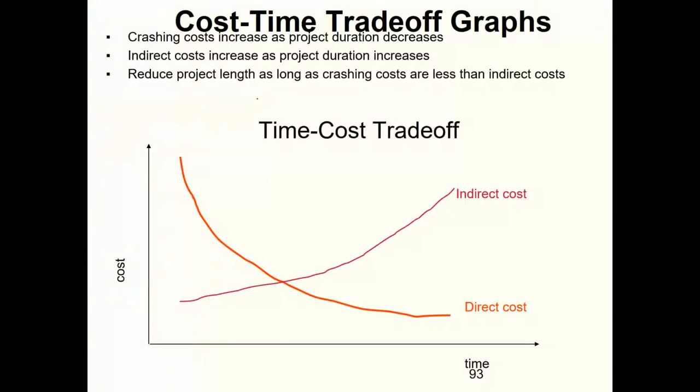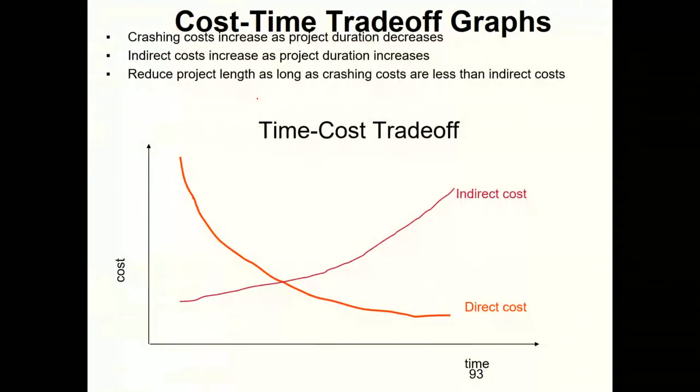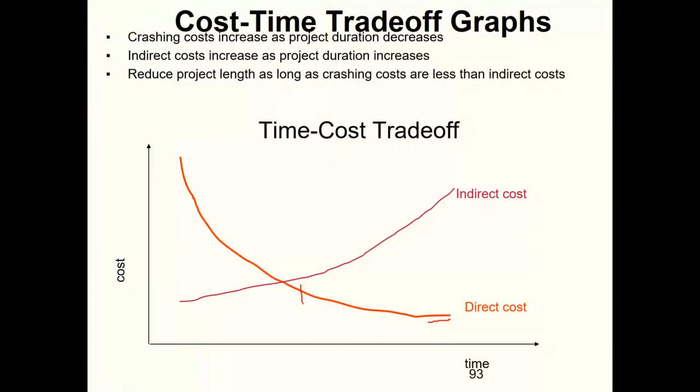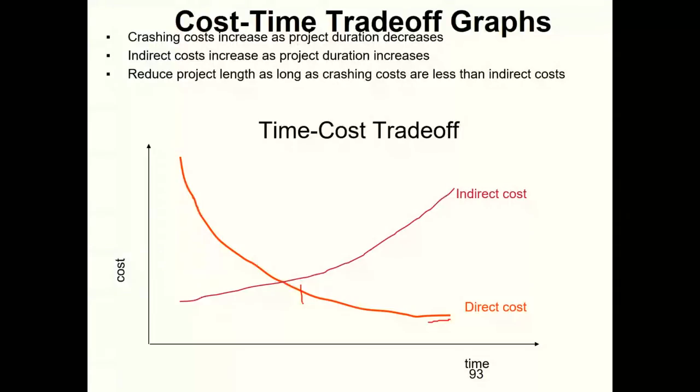While making a decision, it is very important to not merely take decisions based on the direct costs. The indirect costs have to be taken into account as well. With the direct costs, we can see that the normal way of delivering a project is slightly cheaper, but as you go about accelerating the project, the cost becomes high.